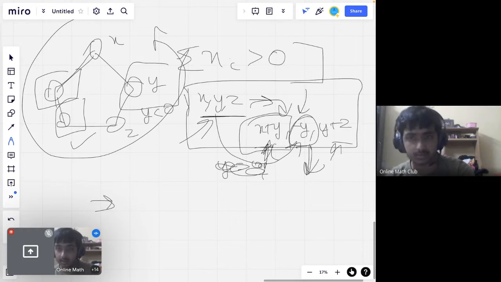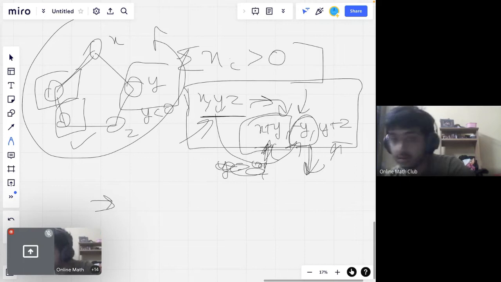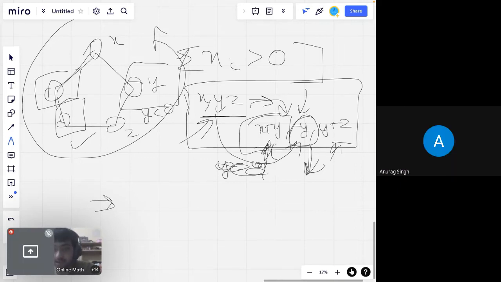I'm not 100% sure what you're saying, Theo. Ah, you're saying the average of the vertices minus something. So does this remain constant? I think the average remains the same always. Right.